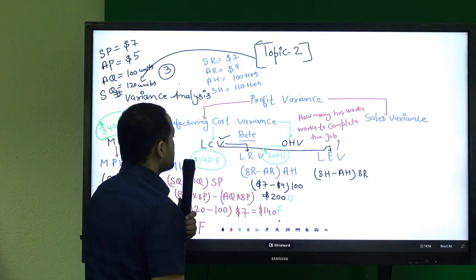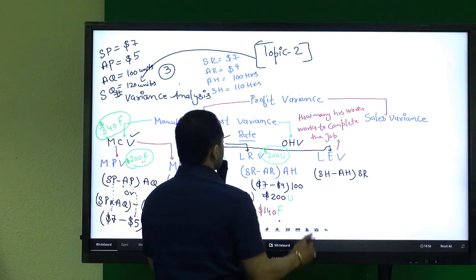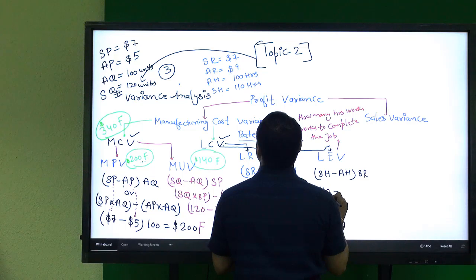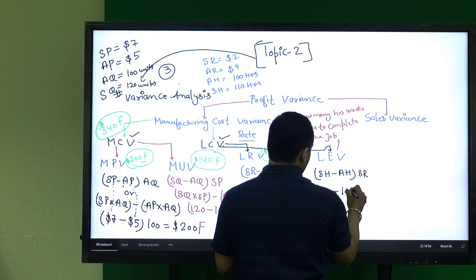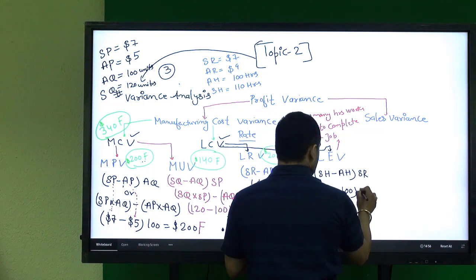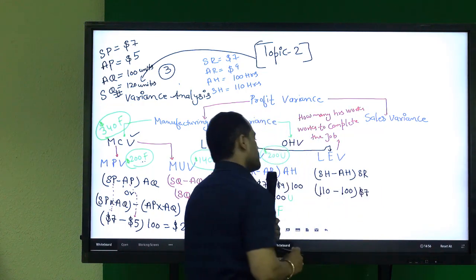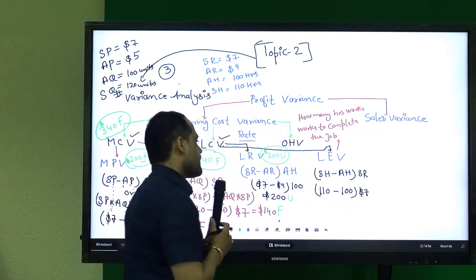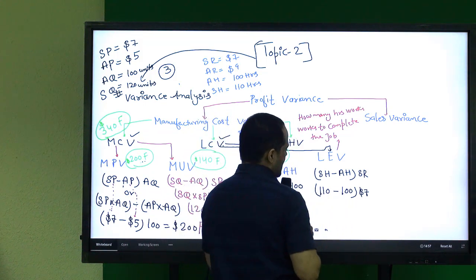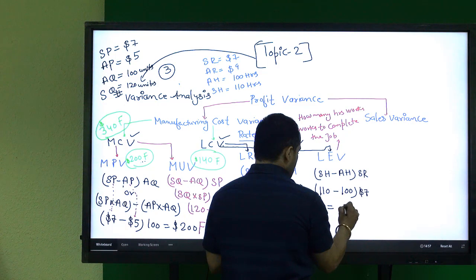Standard hours 110, actual hours 100, and standard rate is $7. So 110 minus 100 is 10, multiplied by 7 is 70.